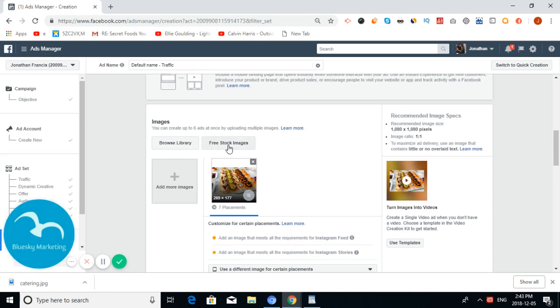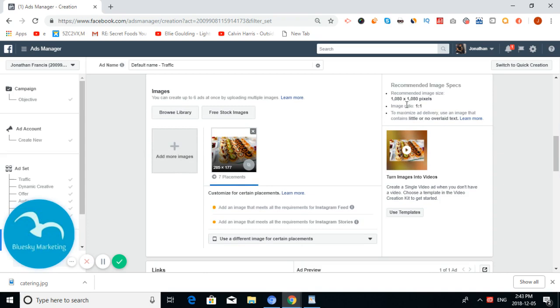You could either use an image resizer for your image, which I could put in the description below, or if you're using a Google image, whatever image you search for, just type in these specs right after. For example, catering image 1080 times 1080.